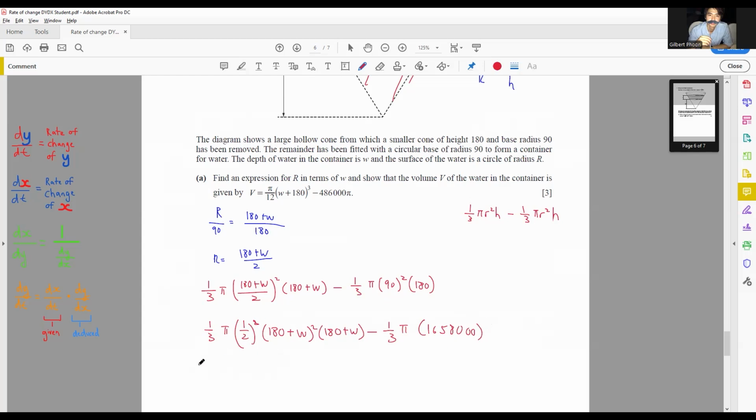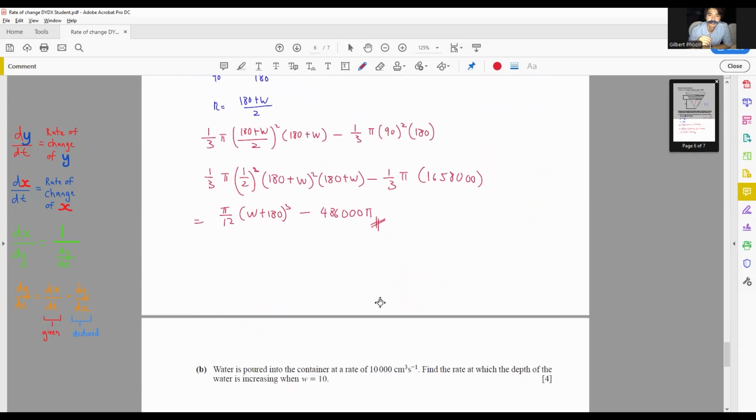Then this will further simplify: 1 over 2 squared is 1 over 4, times 3, you have pi over 12, (180 plus W) squared times (180 plus W). This will be W plus 180 cubed minus the simplification of this, which gives you 486,000 pi. Therefore, this is shown.